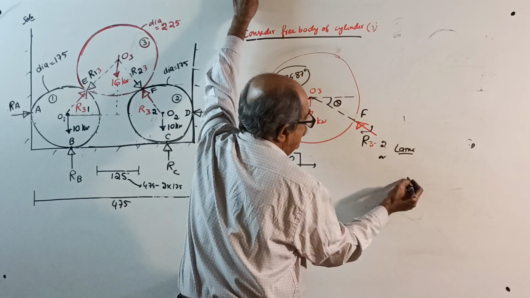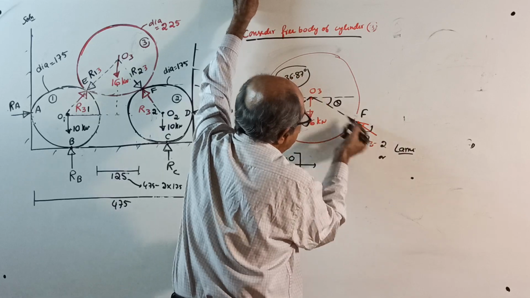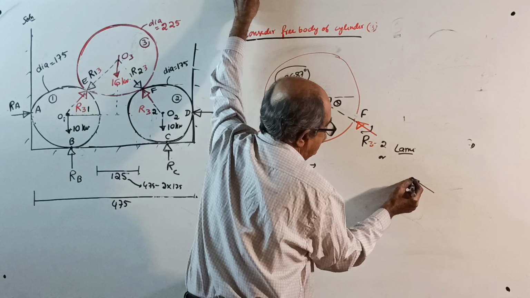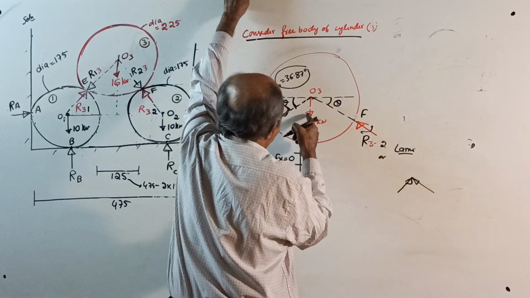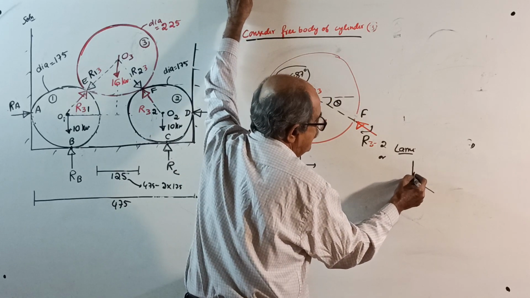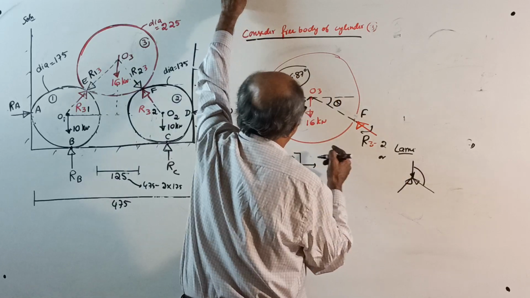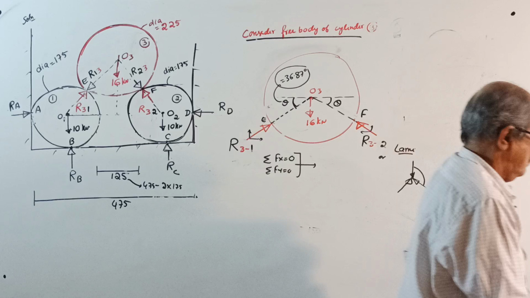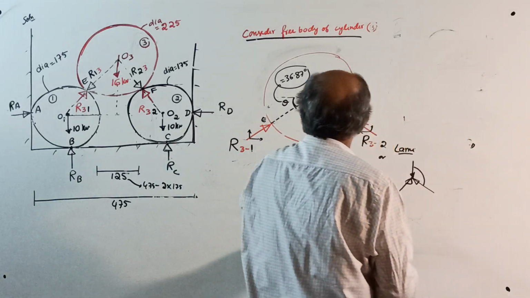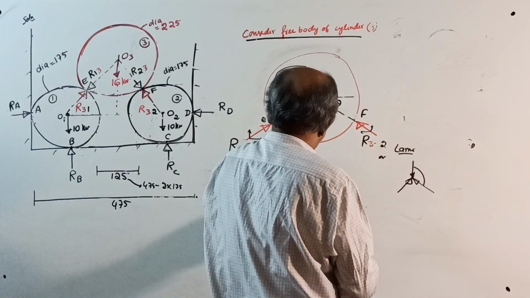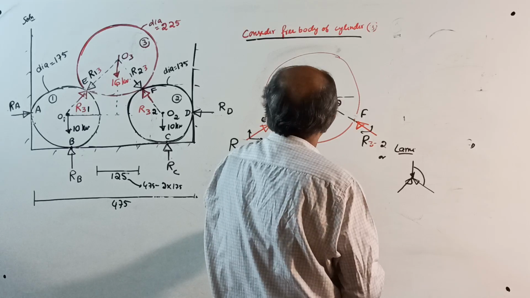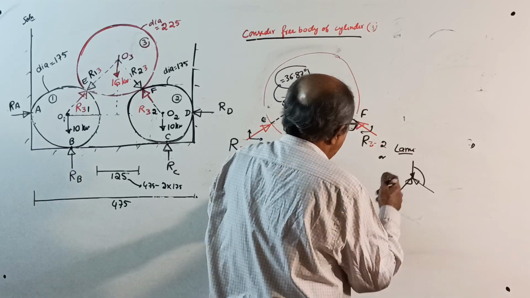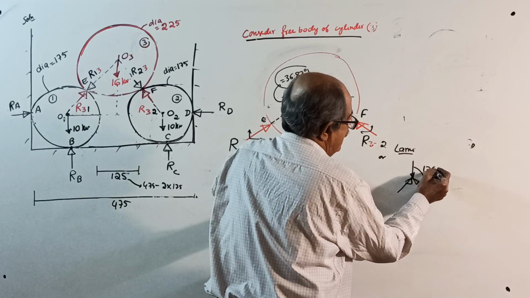How? Then put the point here. This is one force here, there is one force here. This force you should write like this. Then this angle equals 90 plus theta. 90 plus theta is how much? 36.87, so 126.87 degrees is this angle.